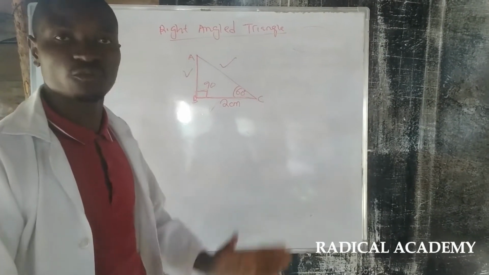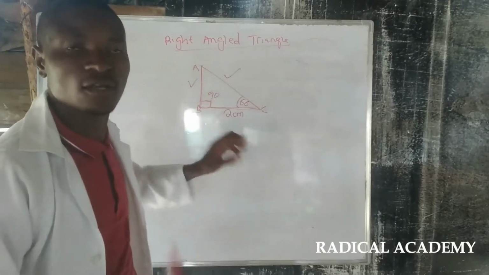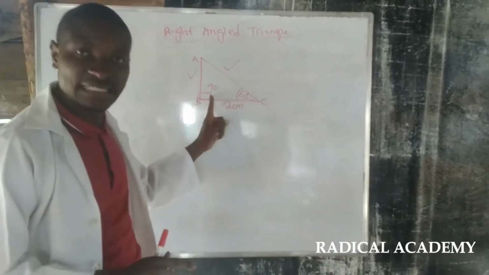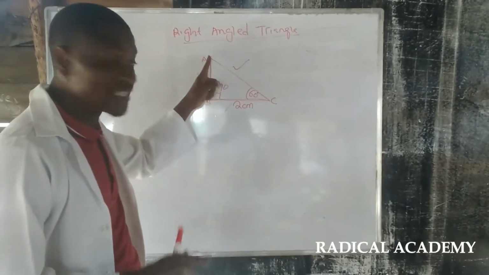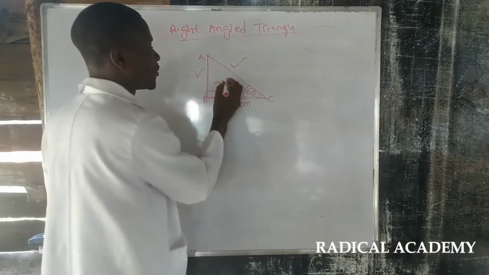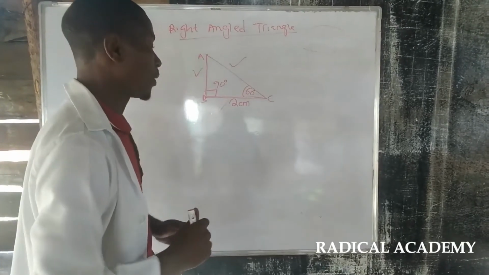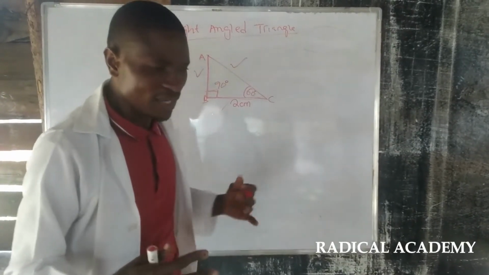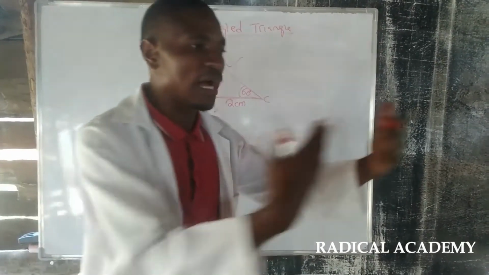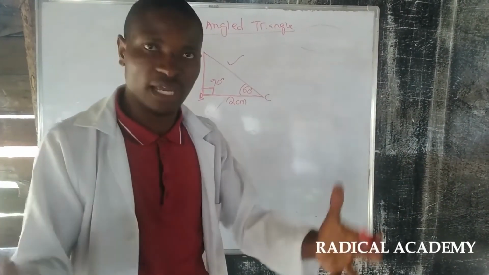The first thing you've got to do is understand what a right angle triangle is. A right angle triangle has a 90 degree angle between these two lines, which we call perpendicular lines. Trigonometry deals with the relationship between angles and sides of a triangle.